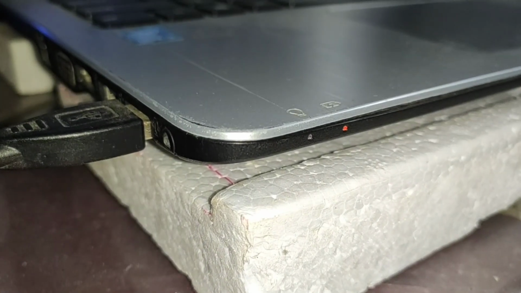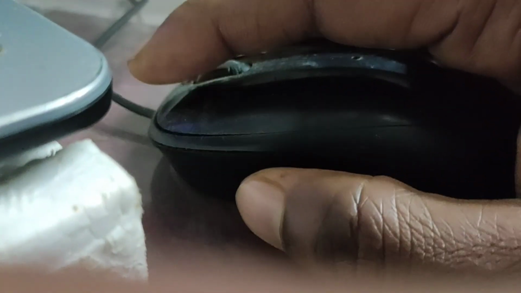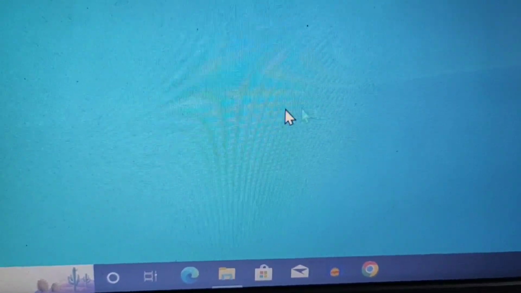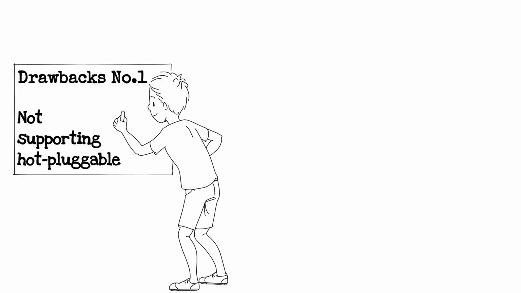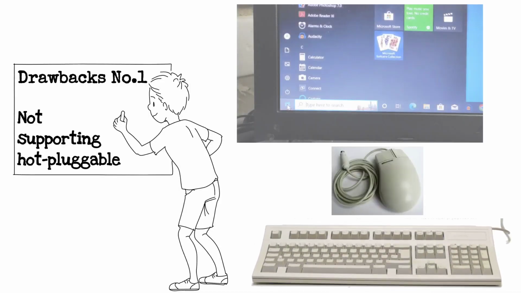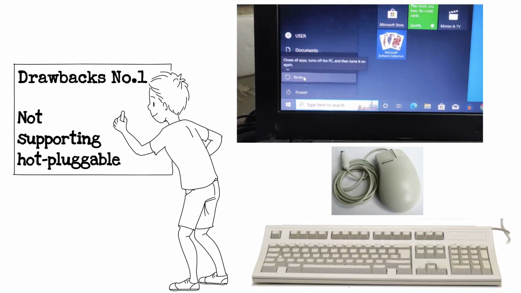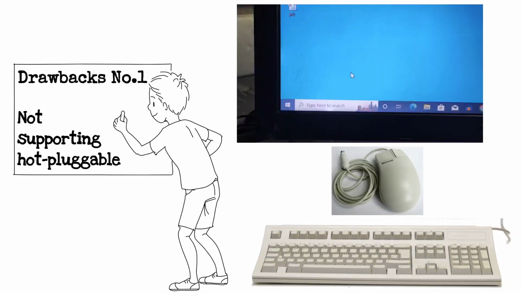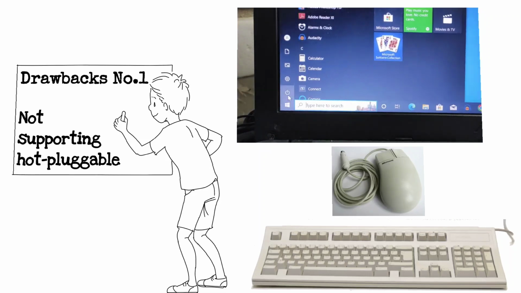For this, we need not shut down the computer and restart again. This is the hot pluggable feature that USB has. But PS2 doesn't support it, so whenever we want to use a PS2 keyboard or mouse, we need to restart the PC after connecting them.